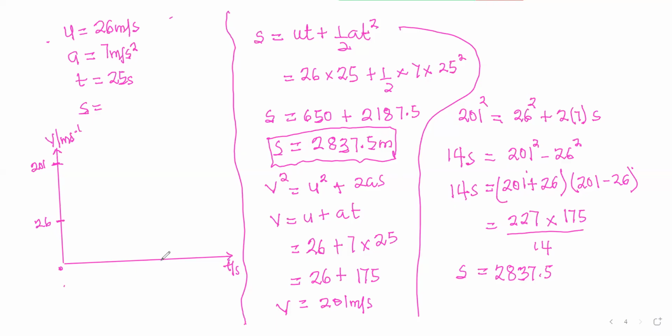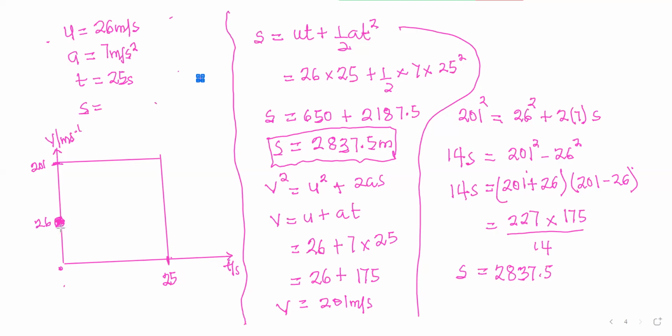Okay, within a time, so this acceleration from 26 to 201 took place within a time interval of 25. So let's assume 25 is here. So we start from this point, then accelerate uniformly within this time to the final velocity.